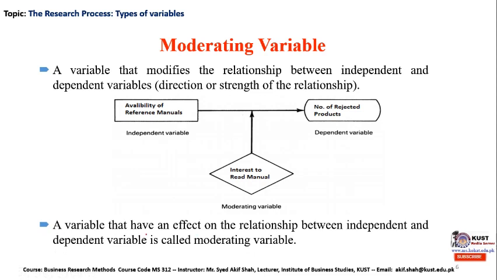So we can say a variable that has an effect on the relationship between the dependent and independent variable is called a moderating variable, because either it will strengthen the relationship between the dependent and independent variable, or it will weaken the relationship between the two.